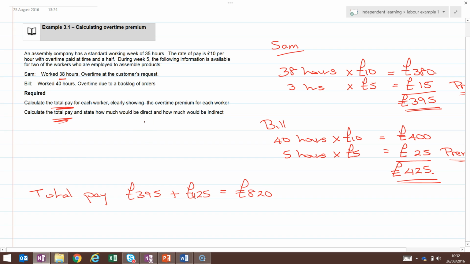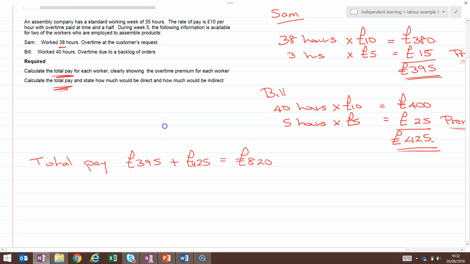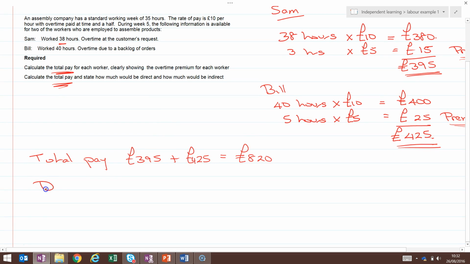How much would be direct and how much would be indirect? So starting with direct, remember the definition of direct labour is the labour hours spent producing the products, where we're told that both Sam and Bill are employed to assemble products.